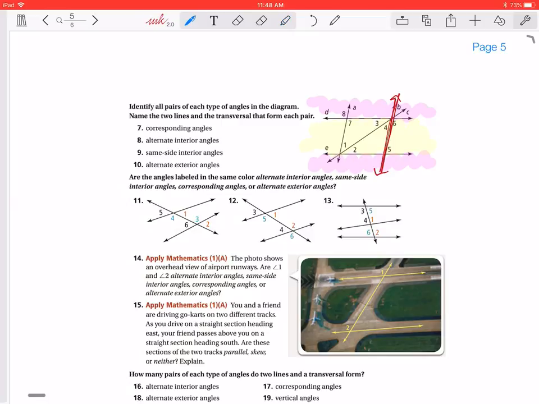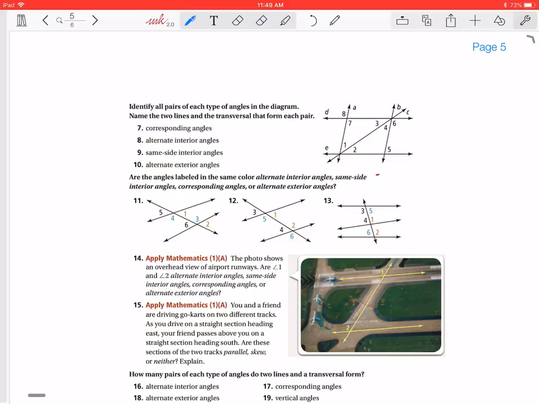I'm going to see if there's anything that's corresponding. There are no corresponding angles. 6 and 5, those are same side interior angles, so that would be the answer for number 9. But there are no other corresponding angles, so we can't name any corresponding angles for that one.